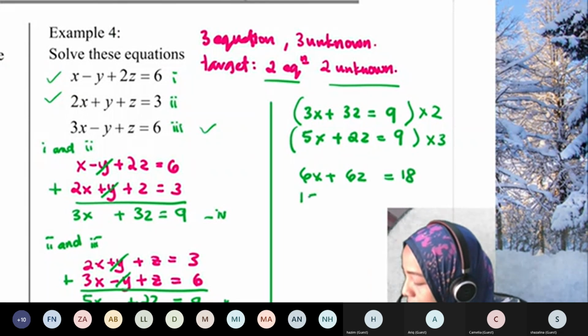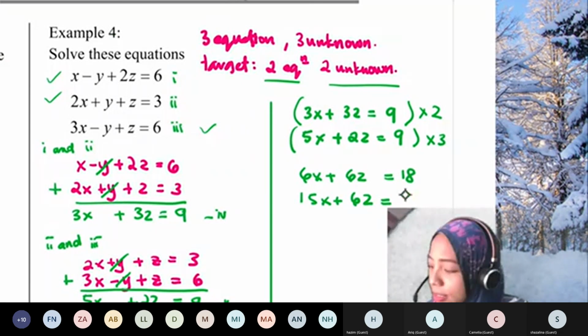And then 15x plus 6z equals 9 times 3, 27.